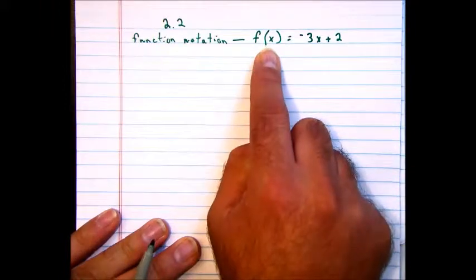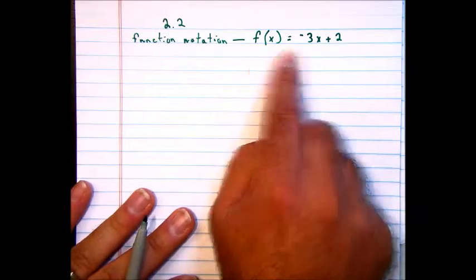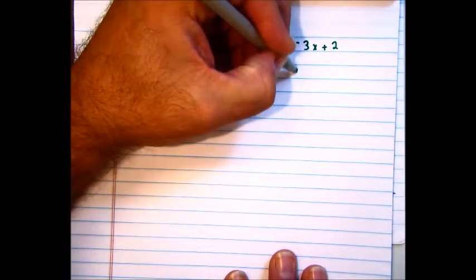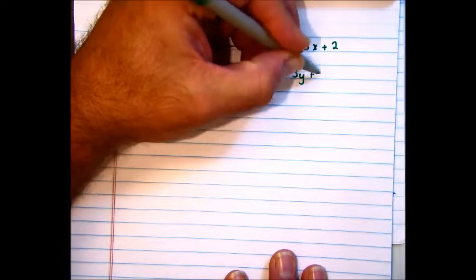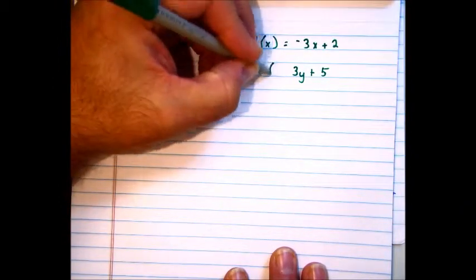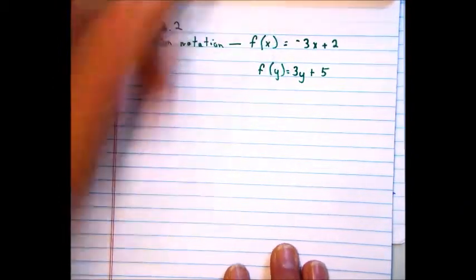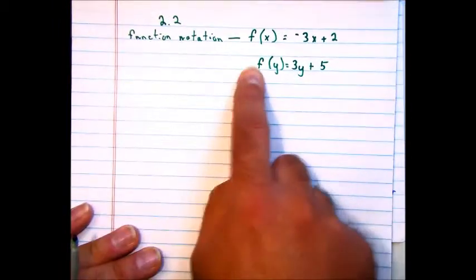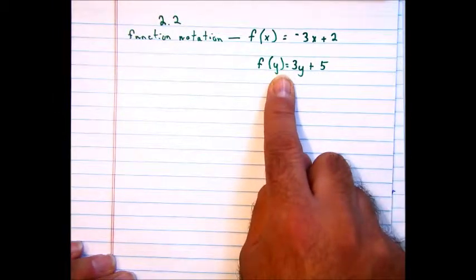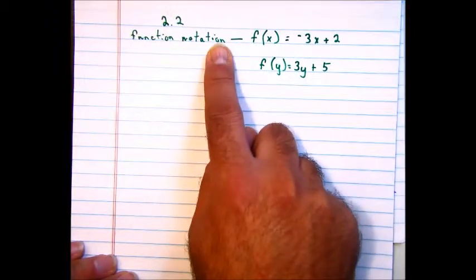So because we have an x here, we must also have an x here. If the expression was 3y plus 5, then this would be f of y. So understanding that the expression itself tells me what the function is in function notation.